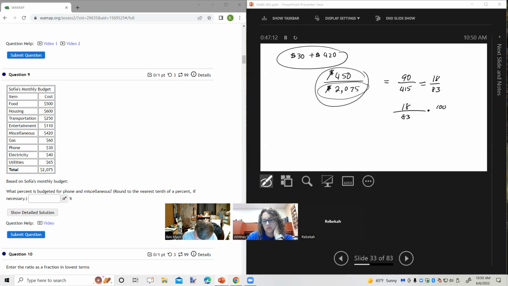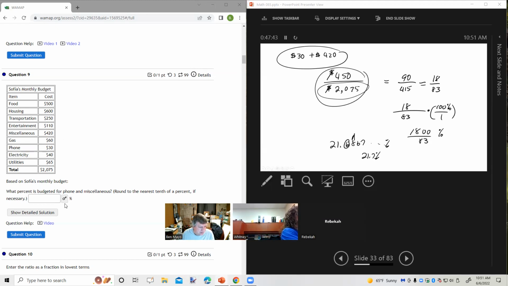I'm going to multiply it by 100% over 1, which is going to give me 1,800 over 83%. 1,800 divided by 83, and I get 21.6867 percent. Rounding to the nearest 1/10, it would be 21.7% because the 8 would round up. So we should have 21.7% there.